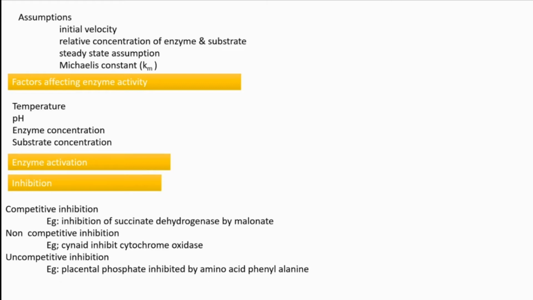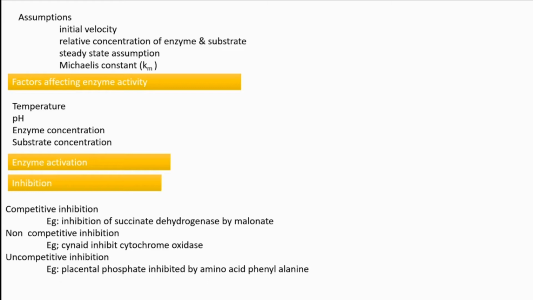Then also we need to understand about the temperature coefficient, another term relating with this temperature. Temperature coefficient means the exact ratio by which reaction velocity changes with every 10 degree rise in temperature.